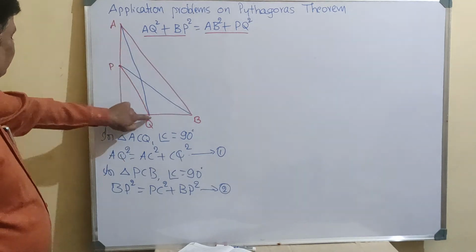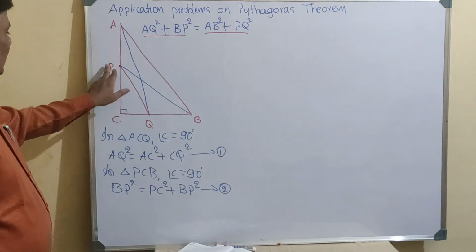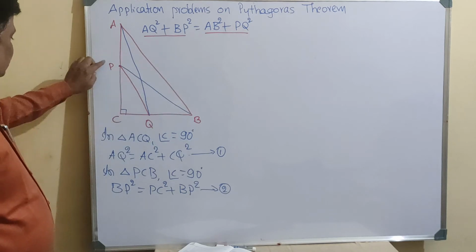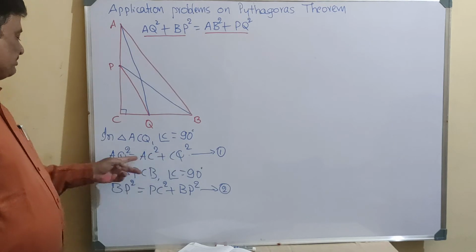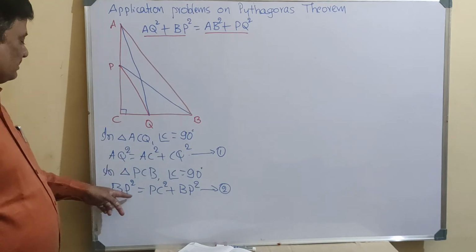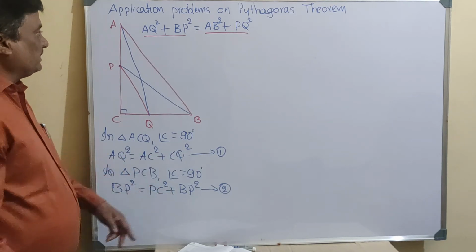So to get AQ square, we have considered triangle ACQ, and to get BP square, we have considered triangle PCB. So we got AC square plus CQ square for AQ square, and for BP square we got PC square plus BC square.